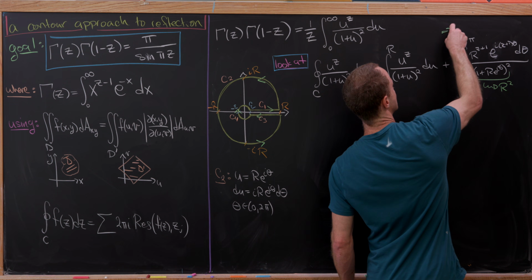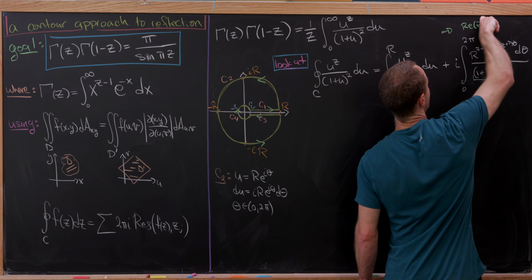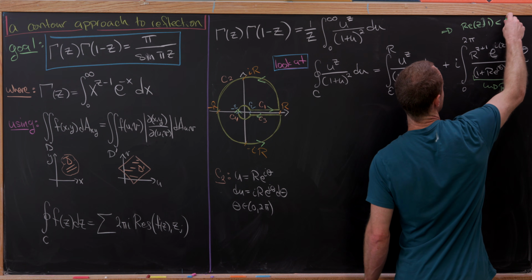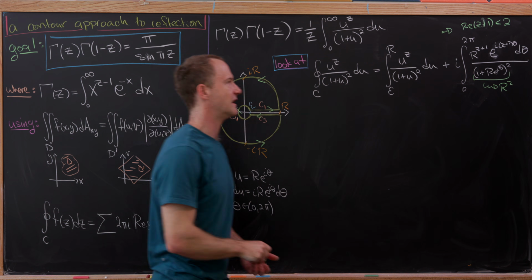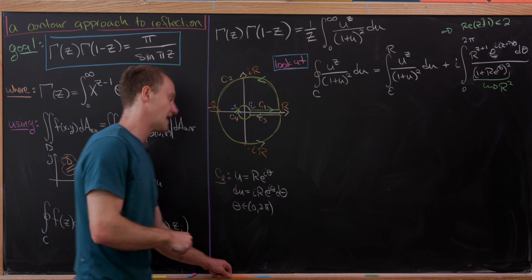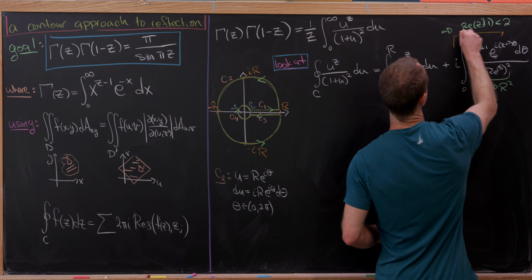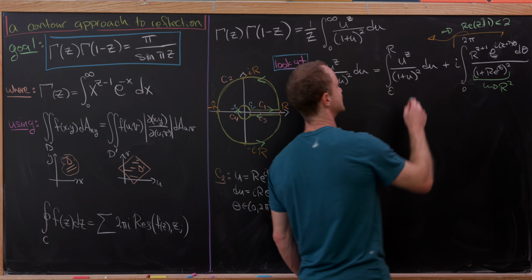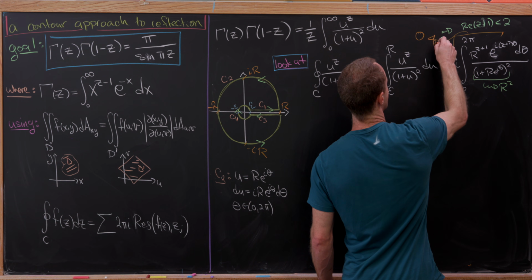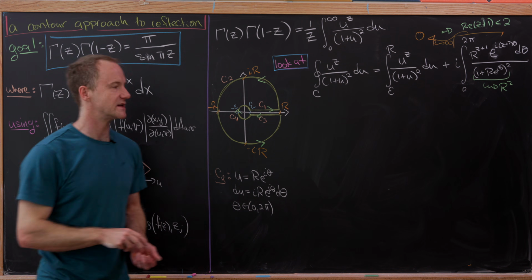So that means we need the real part of z plus 1 to be less than 2. If the real part of z plus 1 is less than 2, then as r goes to infinity, this whole thing is going to go to 0, because the denominator is going to dominate the numerator. So this goes to 0 as r goes to infinity, which we really want to happen.